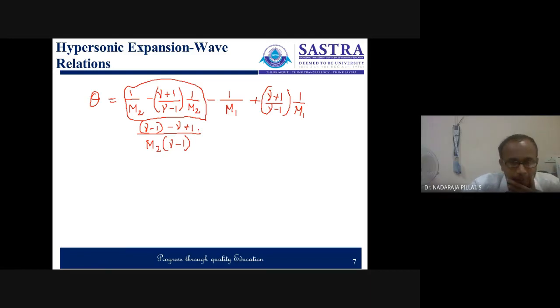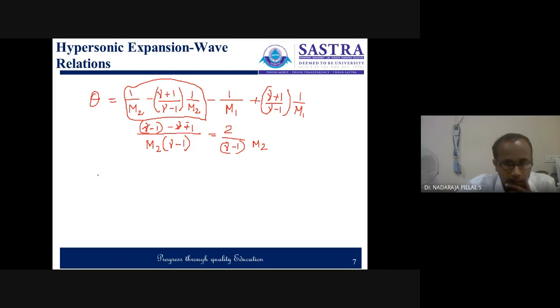So this becomes like, this gamma and gamma go, and finally you will get 2, right? This also becomes minus of minus. So this becomes 2 by gamma minus 1 into m2.